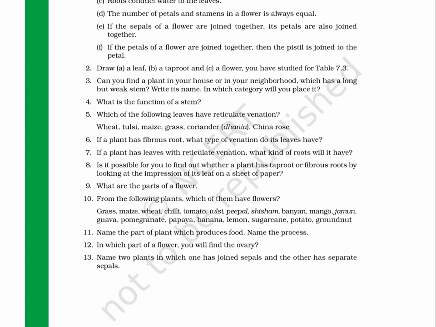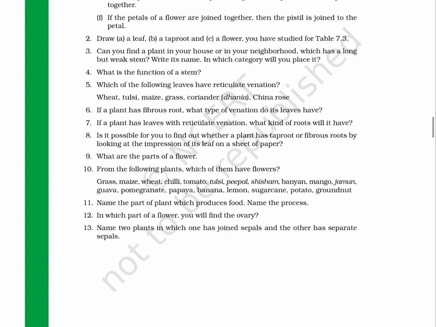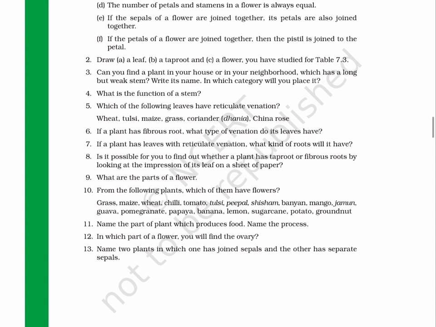6. If a plant has leaves with reticulate venation, what kind of roots will it have? 8. Is it possible for you to find out whether a plant has taproot or fibrous roots by looking at the impression of its leaf on a sheet of paper? 9. What are the parts of a flower? 10. From the following plants, which of them have flowers?